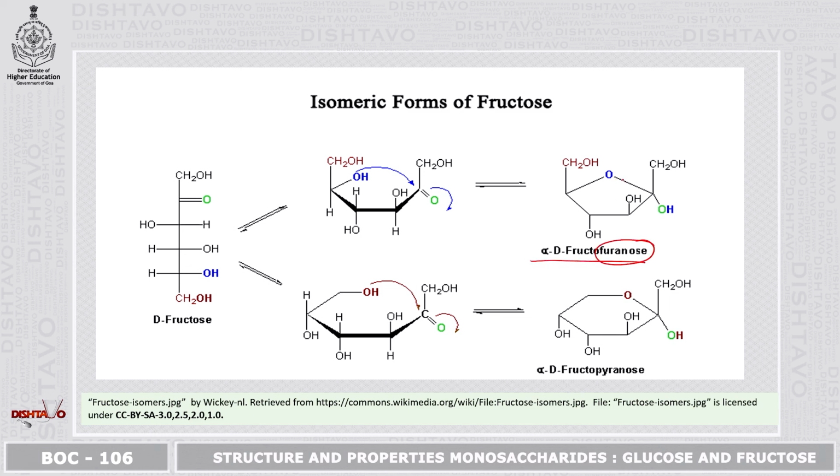So this is 1, 2, 6, basically a 5-membered ring here, 5 carbon ring, and here this is alpha D fructopyranose, 6-membered. You can see here a 6 carbon ring. Okay, so this is furanose, 5 carbon, and this is a 6 carbon ring.